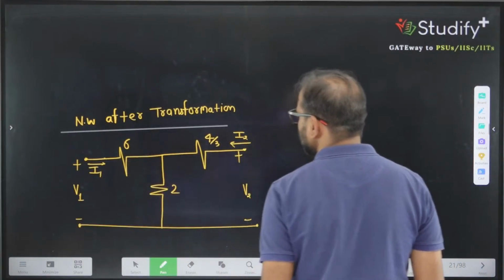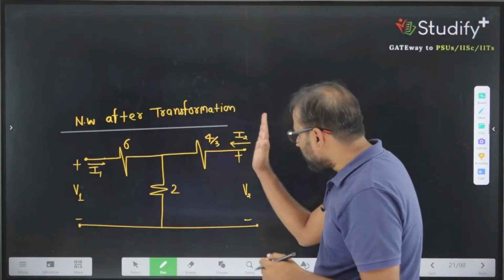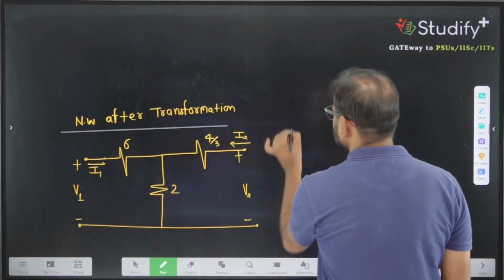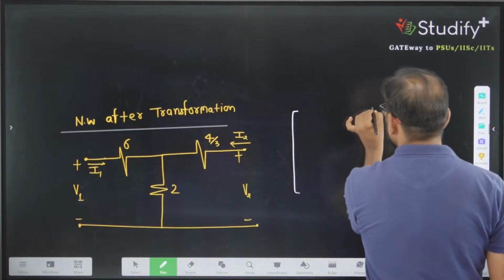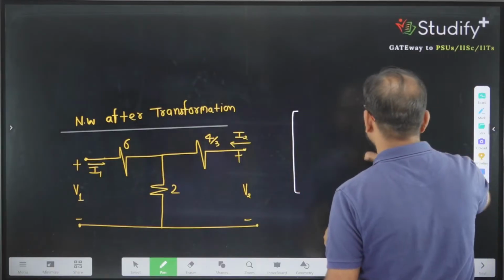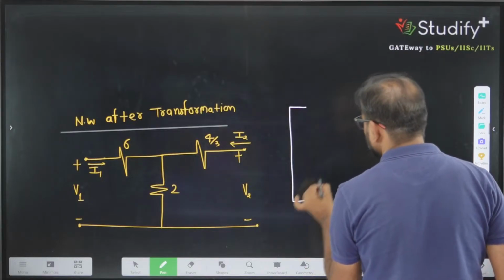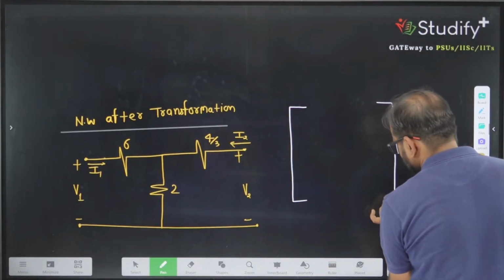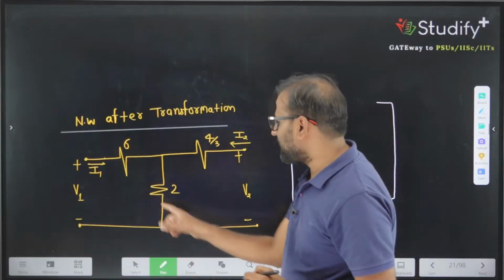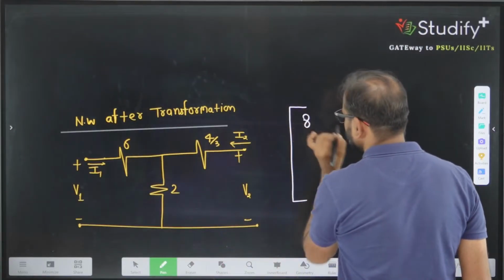Z11 is the summation of these two things. Why? Because if you make I2 equal to 0, we can write directly, this parameter is 6 plus 2. So this parameter Z11 is 8.